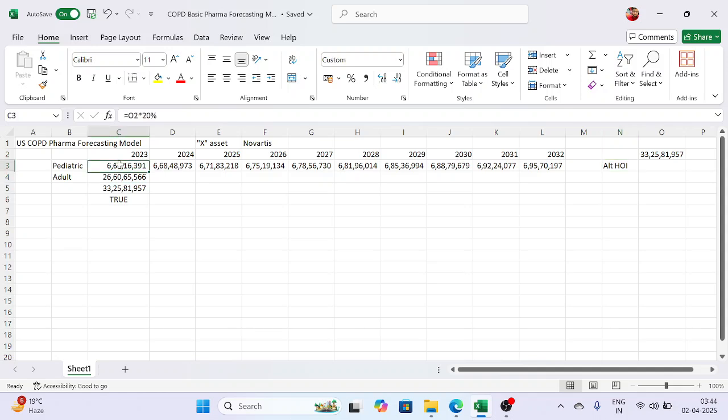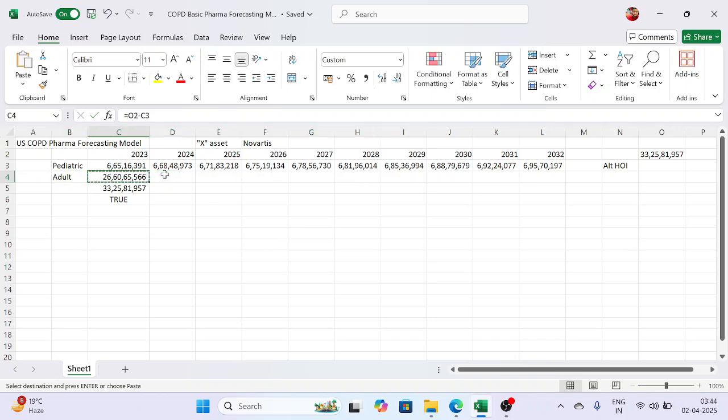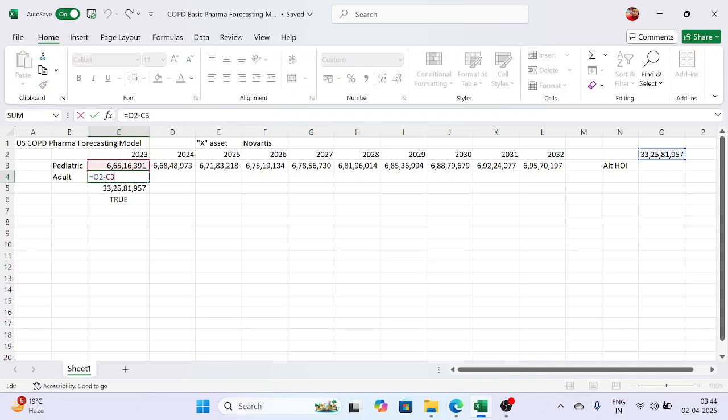Okay, so now similarly for the adult population, let's assume this population is also gonna grow at, you can either just subtract it. Okay, for that what we will be needing is this number.